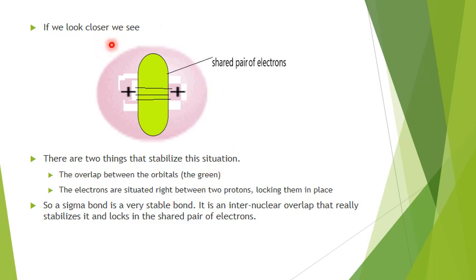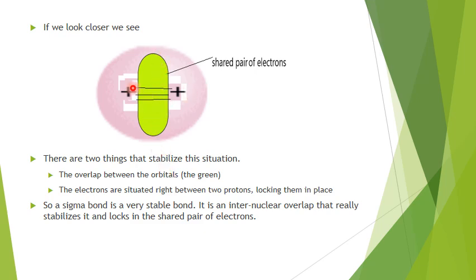Let's take a closer look at it. If you look at the overlap, here's the overlap between the two orbitals of hydrogen. Now, there are two things that stabilize this situation. One is the overlap, the shared space where electrons can be.